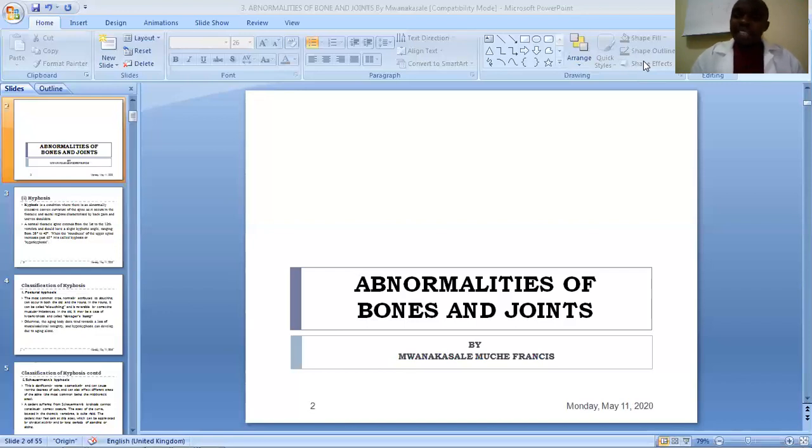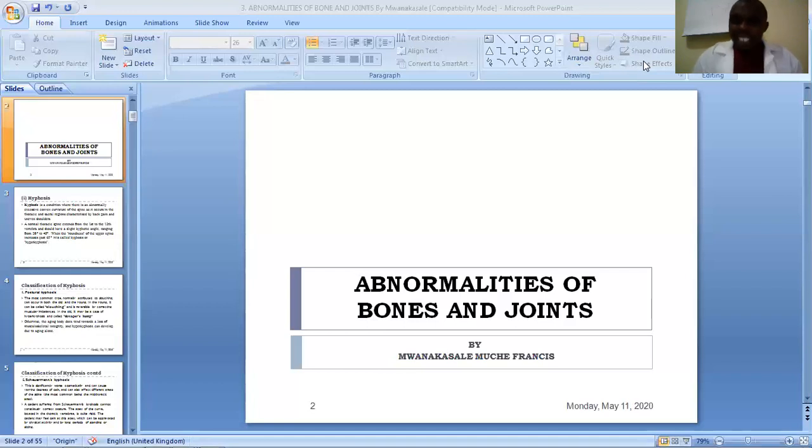We also have the lumbar region, where we have the 5 vertebrae. We also have the sacral region, where you have the 5 fused bones. You also have the coccyx, where you have the 4 fused vertebrae. And let me make mention that the sacrum and the coccyx vertebrae fuse when one is around 20 years old.